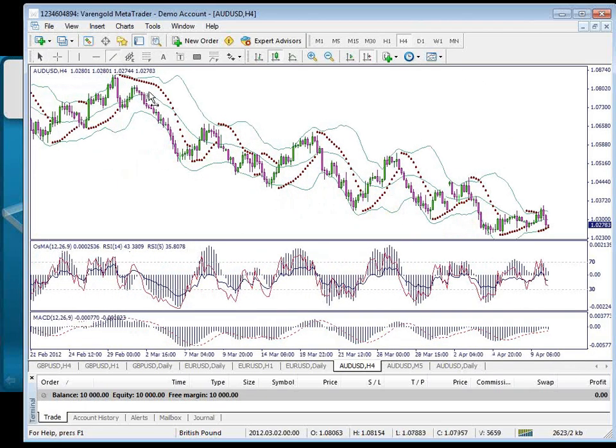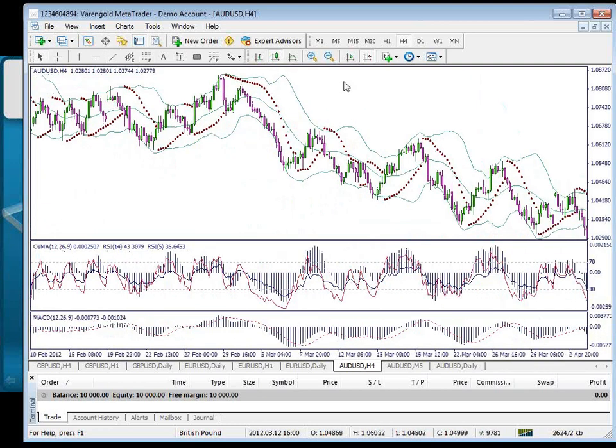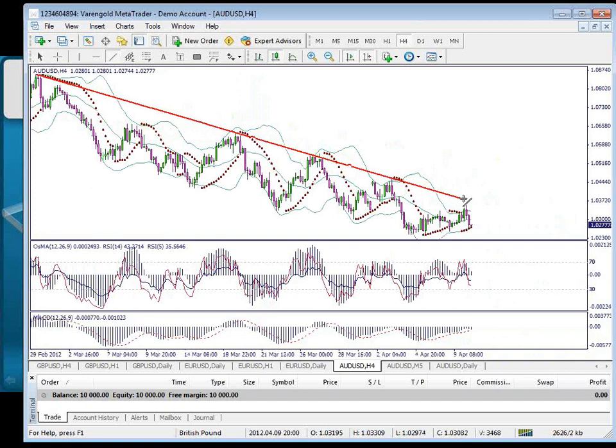On daily we have, sorry, on daily we have one downtrend. Yes, I'll make it in big lines because we will talk about one.